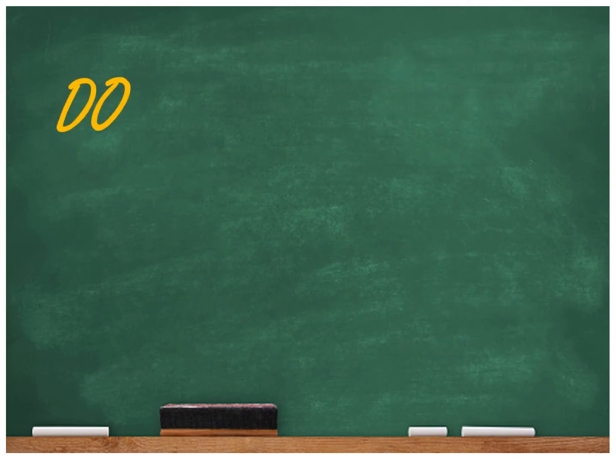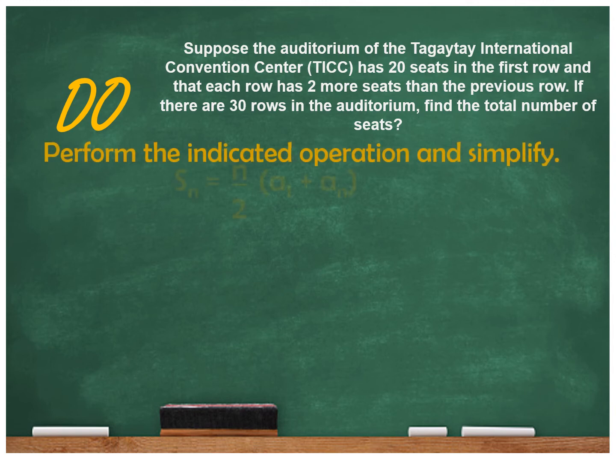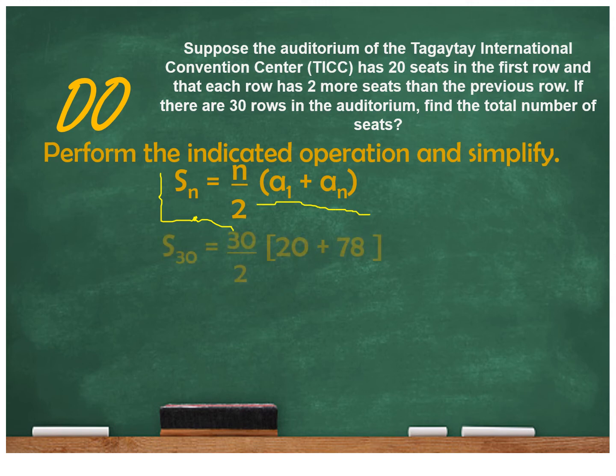Let us try to solve this using the other formula. Given the other formula, S sub n equals n over 2 times a sub 1 plus a sub n. a sub 1 is the first term, and that is 20 seats. While a sub n, upon solving it in the first example, is 78.